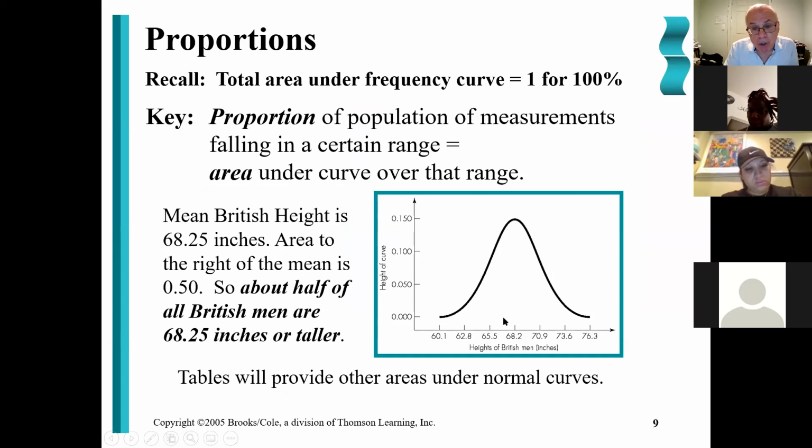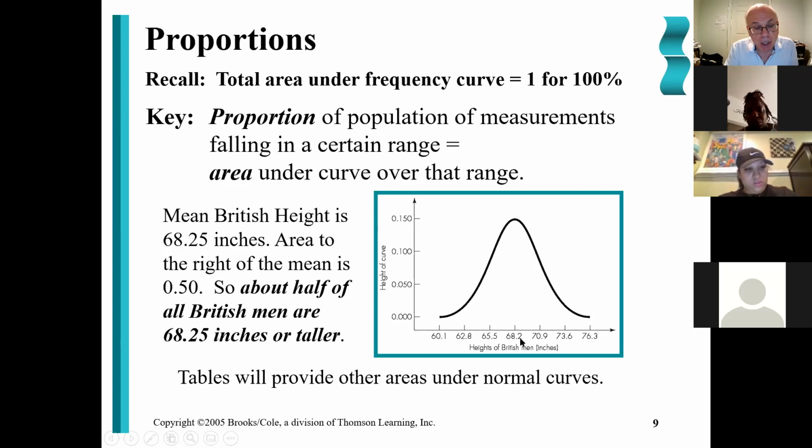So if we wanted to know what percentage or proportion fell below a certain amount, let's say below 68.25. Actually, 68.25 is the mean. We would say 50%, or 0.5 as a proportion, of the heights of British men are below 68.25 inches, or half is bigger than that.